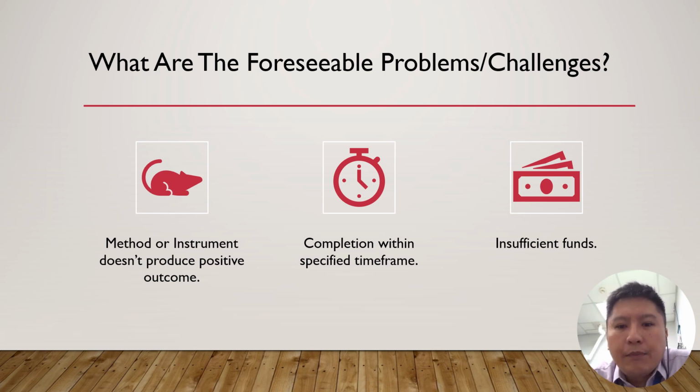Third, because this research project involves testing in the external laboratory and also the procurement of various standards and chemicals, there is a possibility that funds will not be sufficient to complete the whole research project. So these are the three potential problems or challenges that we might face during the execution.